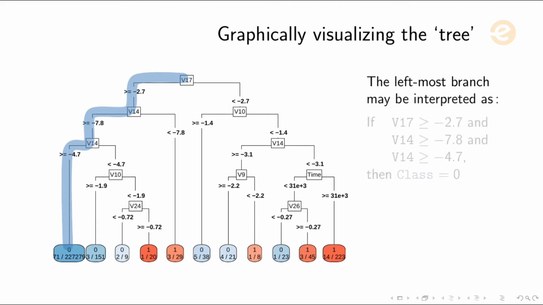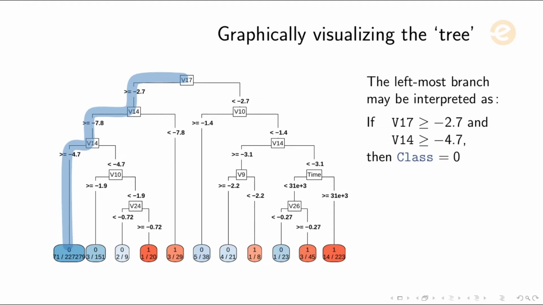So that gives us this particular rule: V17 is greater than or equal to minus 2.7 and V14 is greater than or equal to minus 7.8 and V14 is again greater than or equal to minus 4.7, then the class is 0. So that is what we wrote down here. But if you note, V14 greater than or equal to minus 7.8 and V14 greater than or equal to minus 4.7 can be merged into just one simple qualifier, that V14 is greater than or equal to minus 4.7.